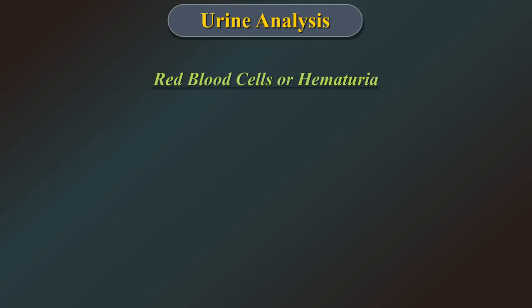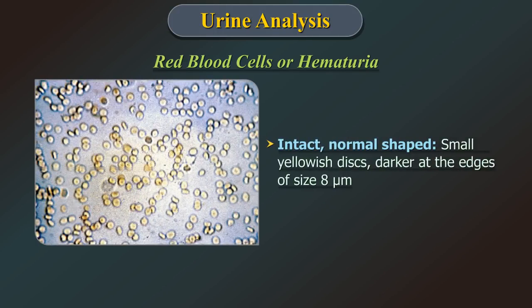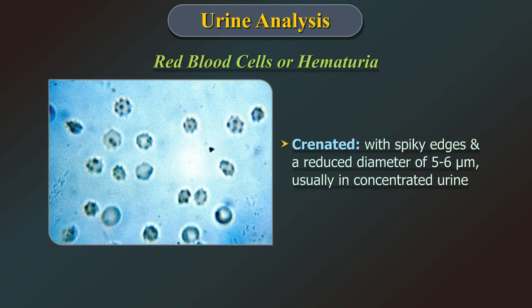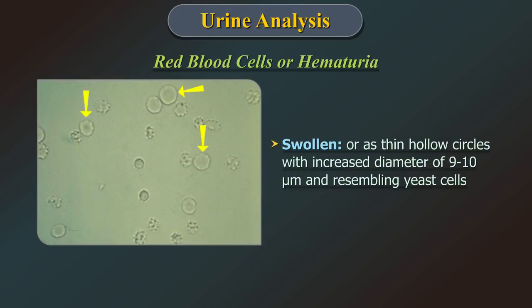Red blood cells or hematuria. Appearance. Red blood cells in urine may be seen as intact, normal shaped, small yellow discs darker at the edge of the size 8 microns; crenated with spiky edges and reduced diameter of 5 to 6 micron, usually in concentrated urine; or swollen or as thin hollow circles with increased diameter of 9 to 10 micron, resembling yeast cells.